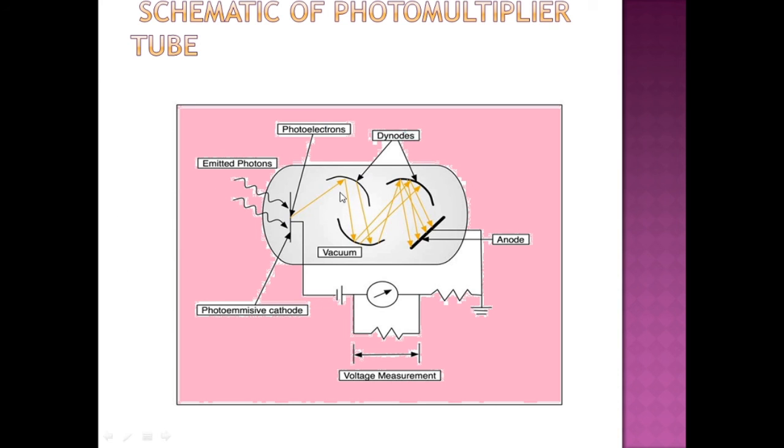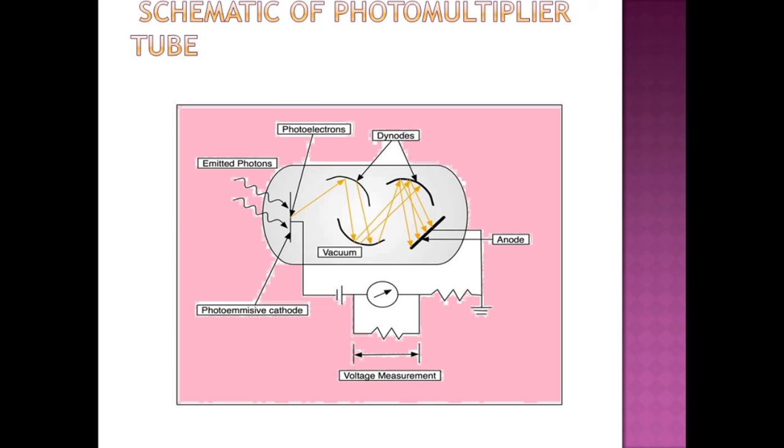The process goes on, and finally the anode receives a very large number of electrons because each diode increases the number of electrons. That means amplification of electrons occurs in the photomultiplier tube itself, and that's why the name is multiplier tube.